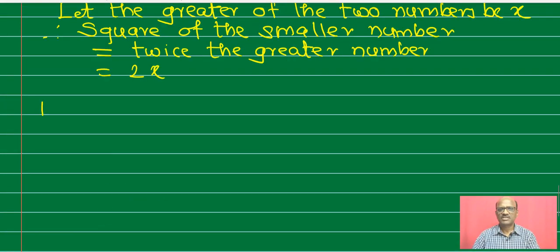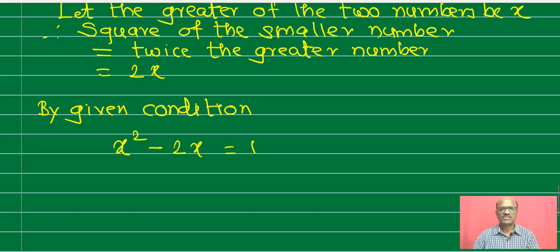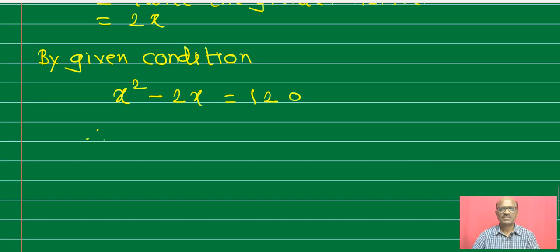Consider the greater number is x, therefore 2x. Therefore, by the given condition, x square minus 2x is equal to 120. Therefore, x square minus 2x minus 120 equals 0.